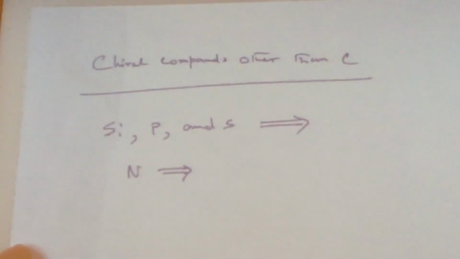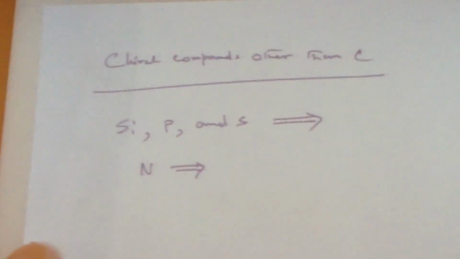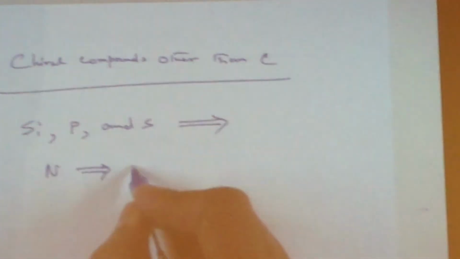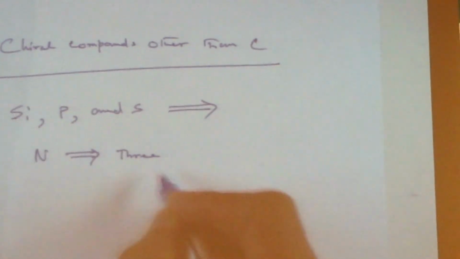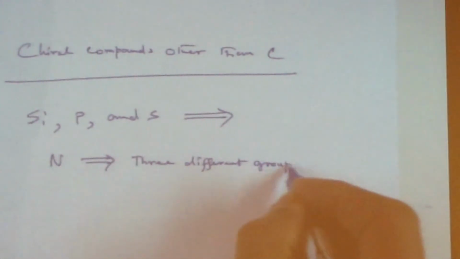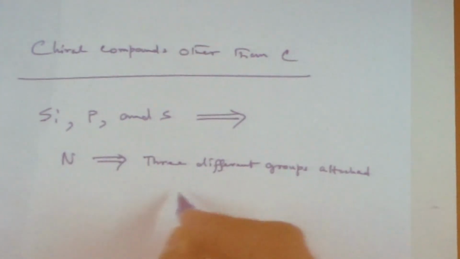Nitrogen-containing compounds can also be chiral, but they are more difficult to separate, particularly the enantiomers, because they interconvert very rapidly. So if you have three different groups, they technically are chiral. That would be a chiral compound.